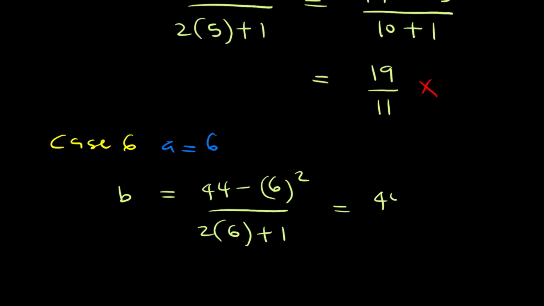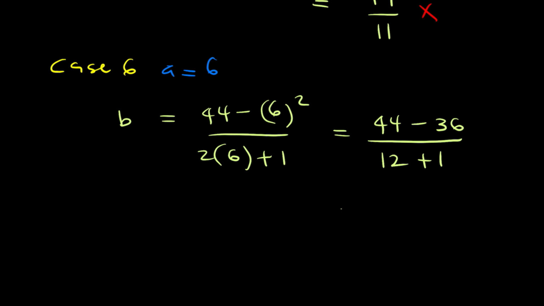This is 44 minus 36 divided by 12 plus 1. This is 8 over 13. And as you can see, this will be rejected because 8 over 13 will give us decimal values even though it is positive. So reject this case.